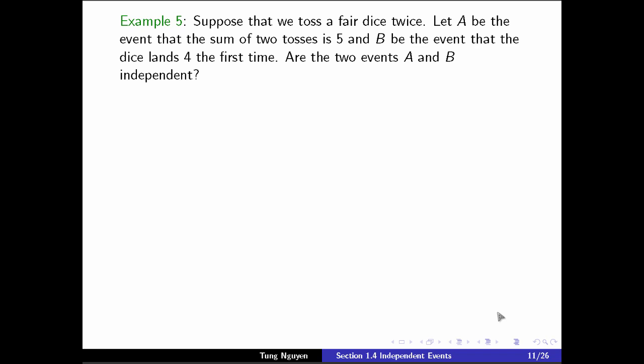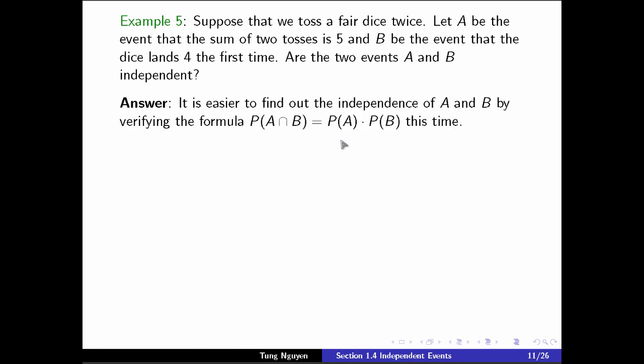In this case, we can list the members in both A and B quite easily, so we will choose to do that.